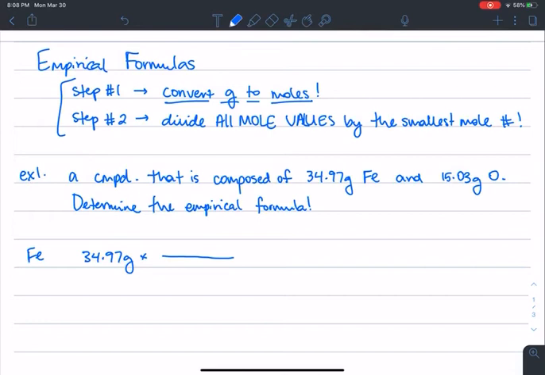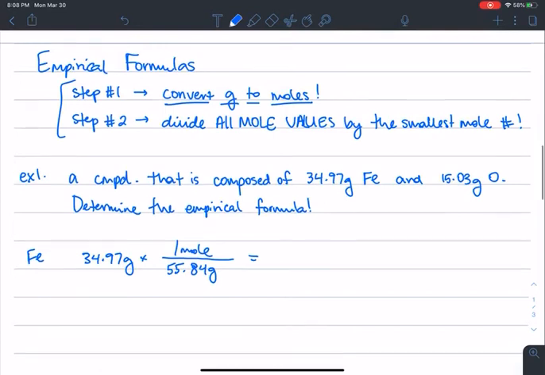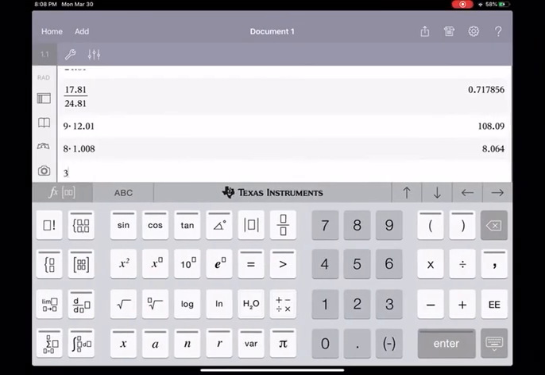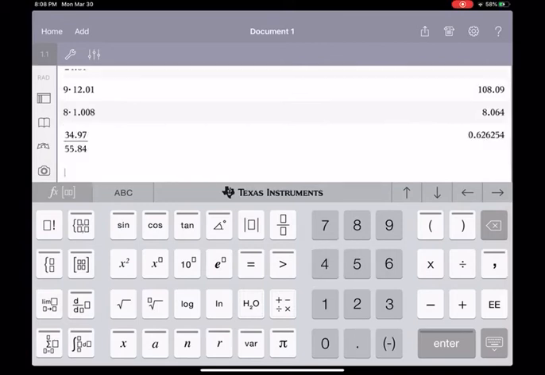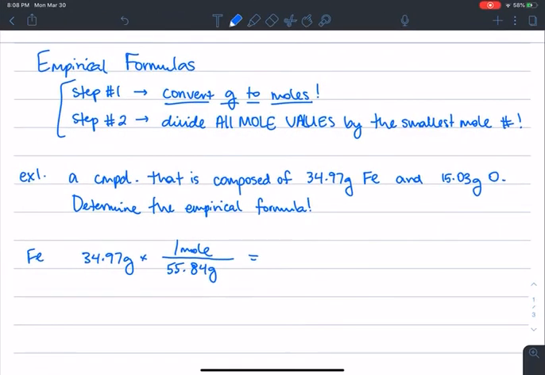So iron, let me pull up my periodic table on my computer here. Iron has a molecular weight of 55.84. So 55.84 grams, 1 mole. So what is that? 34.97 divided by 55.84. Boom. 0.626 moles of iron.